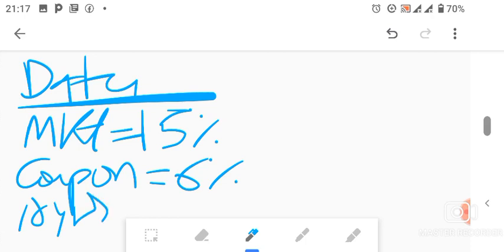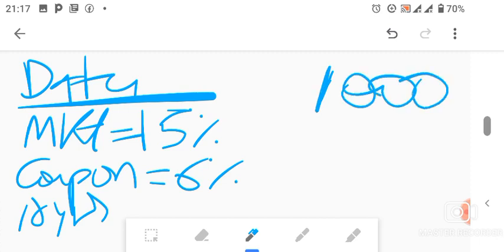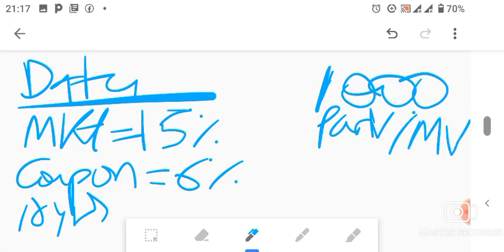Then they tell you the par value of this bond is, let's just use the 1000 as well. 1000 par value. And as we told you, par value also means what? MV stands for maturity value. So these are just terminologies to know.